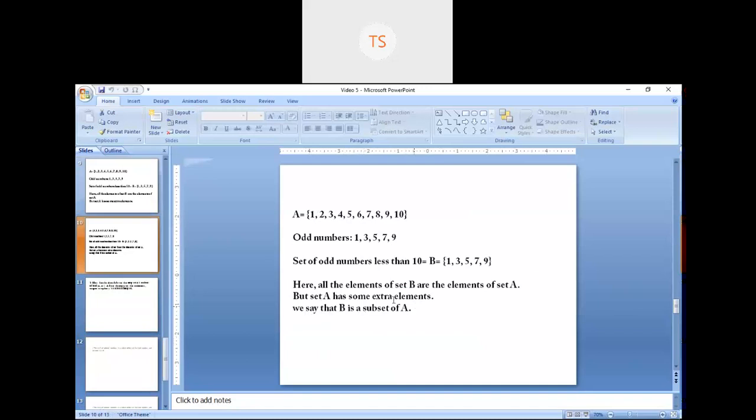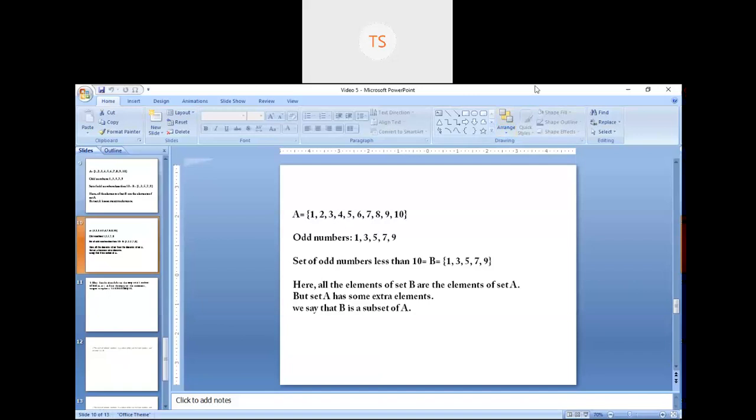Why is B a subset of capital A? Because all the members of capital B are also the members of capital A. So if all the members of B are also members of A, then we can say that the smaller set B is a subset of the bigger set A. Why is capital A the bigger set?